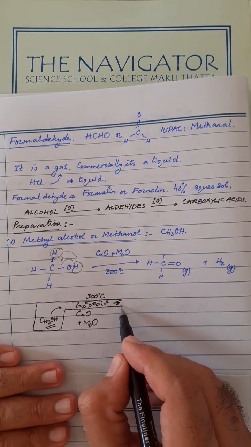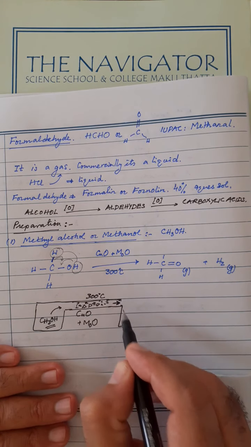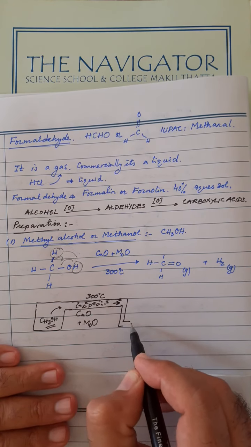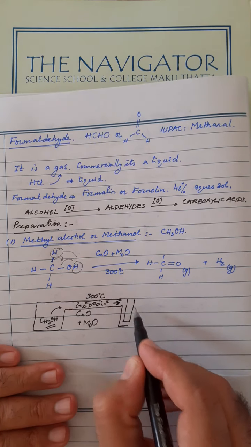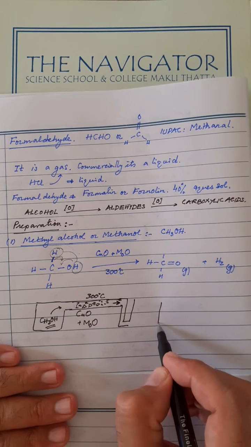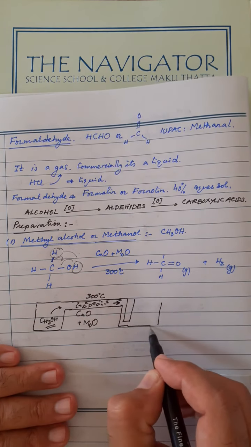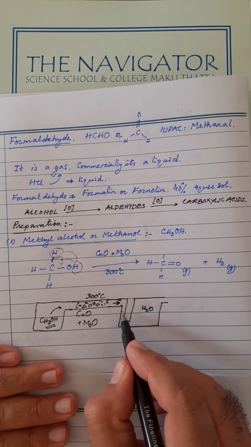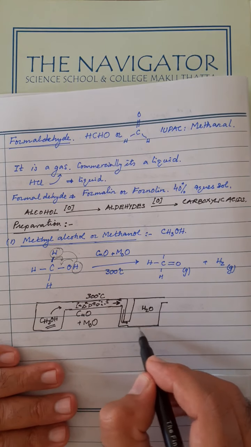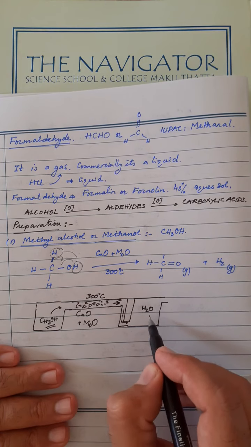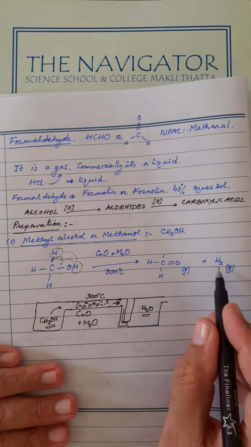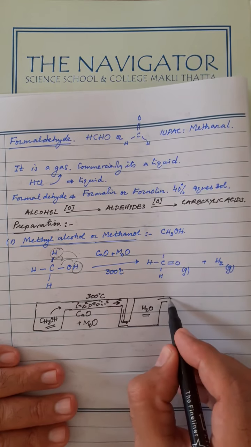And if we pass this pipe, let's say like this, through a water tank, this is suppose a tank of water, H2O, and if this mixture of gases goes through this one, you will see the hydrogen gas is water insoluble, so it will escape.